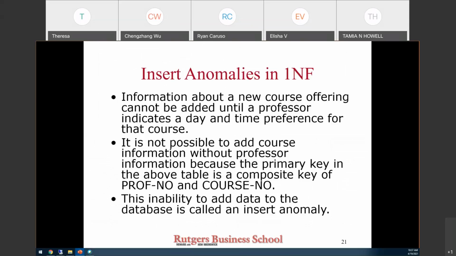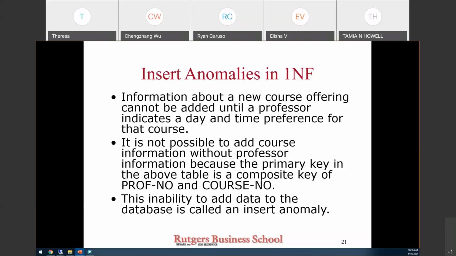Well, information about a new course offering cannot be added until a professor indicates a day and time preference of that course. It is not possible to add course information without professor information because the primary key in that table is a composite key of professor number and course number.